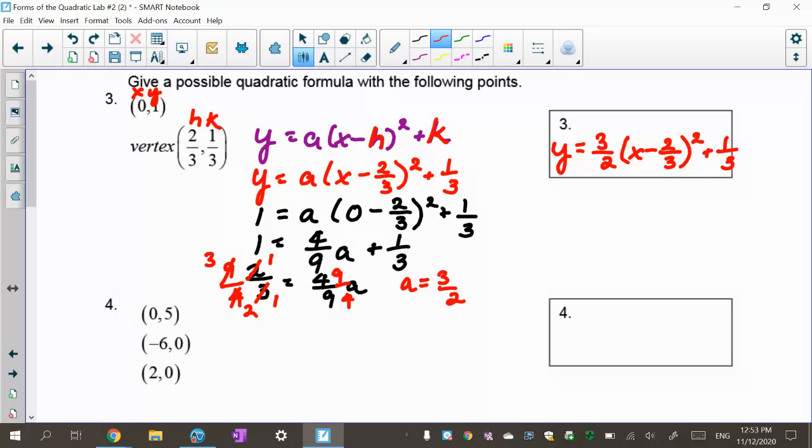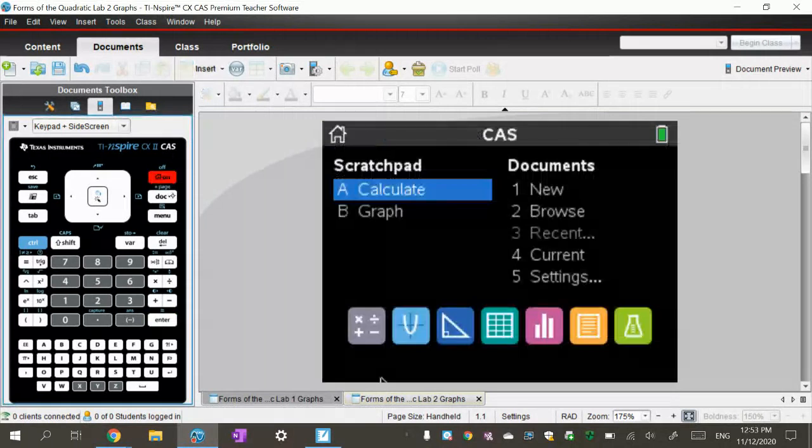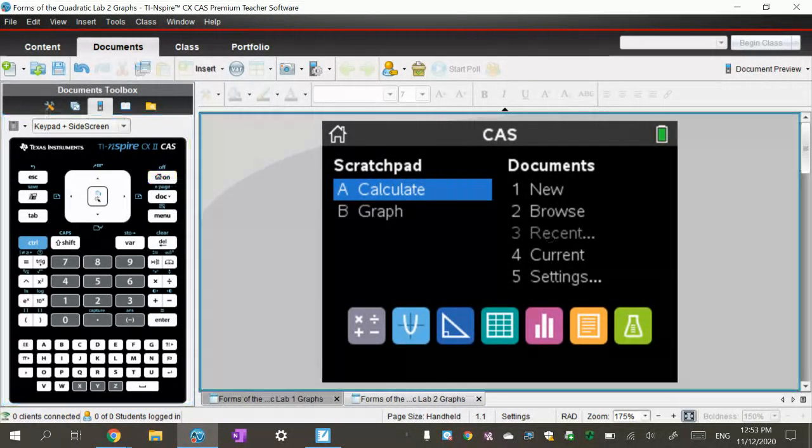Now, if you're doing this on a quiz or a test and you want to make sure you're right, this is number 3, I graphed this one as well. So I'm going to go back to my recent, if I can get it to open back up for me.